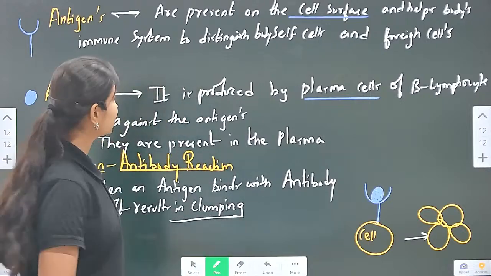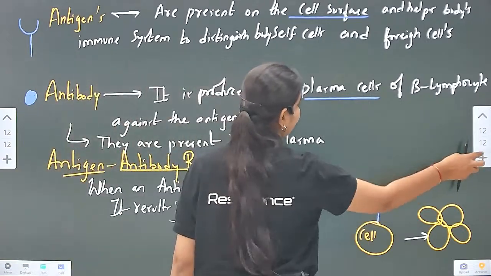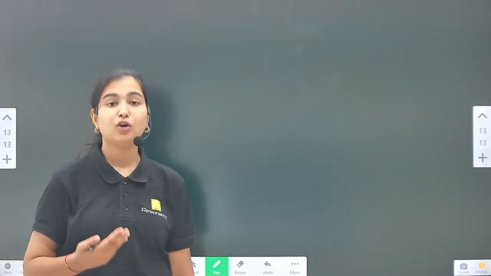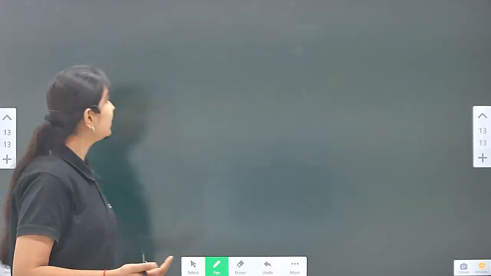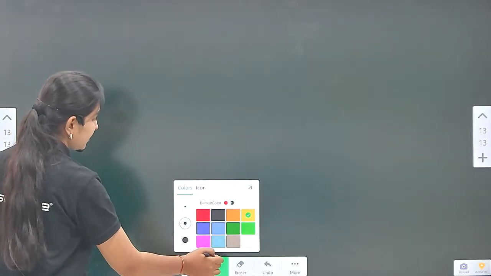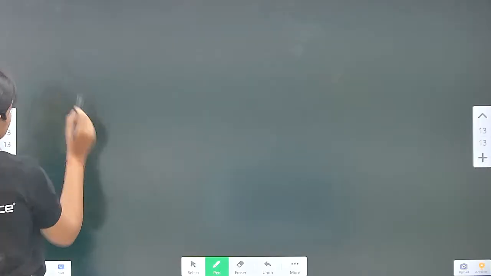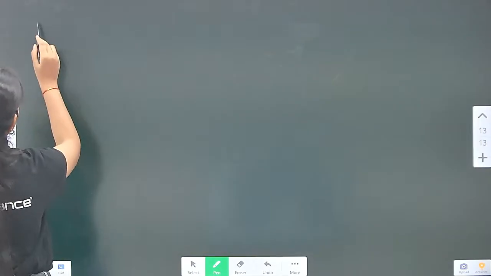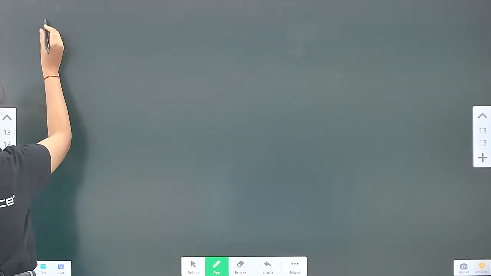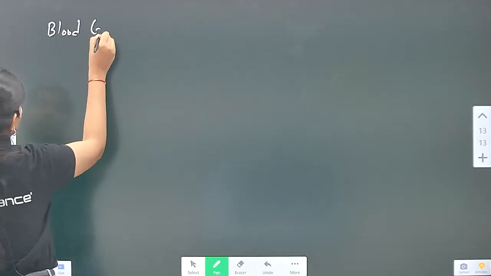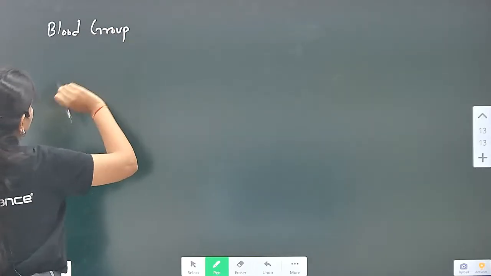Now let us understand what antigens and what antibodies are present on the different blood groups and how it will be a compatible match. Let us quickly draw the table. Here we are writing the blood group.